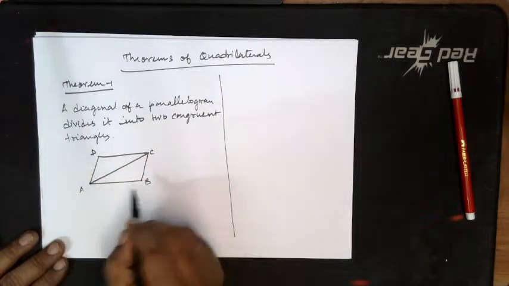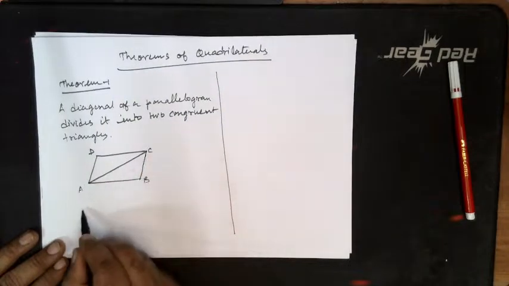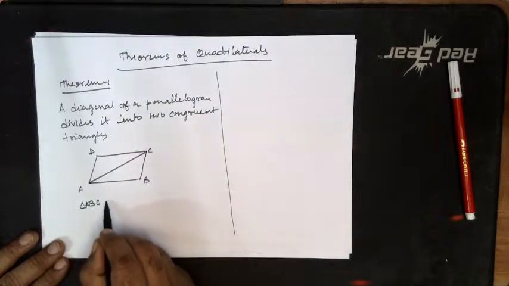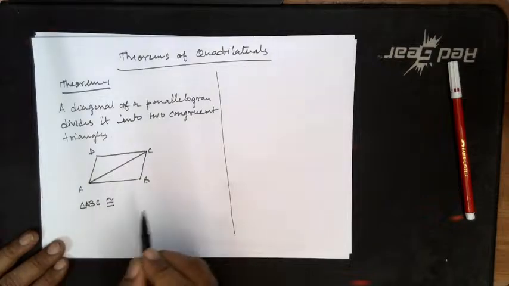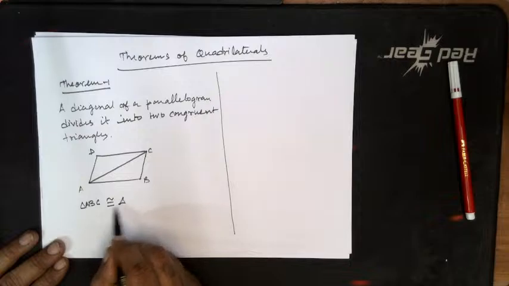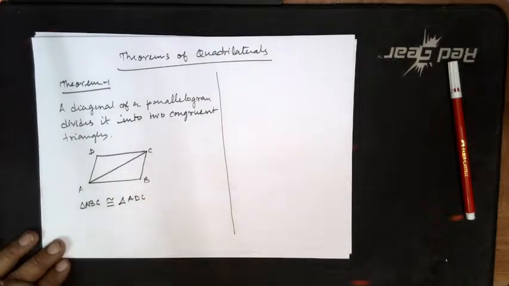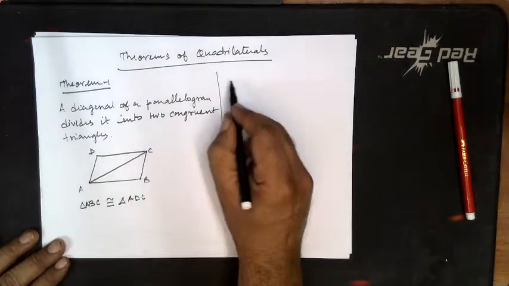What are those two triangles? ABC. Okay. So how to represent the congruent? Like this. So triangle ABC is congruent to triangle ADC. Right? Now we had to prove this. Proof.